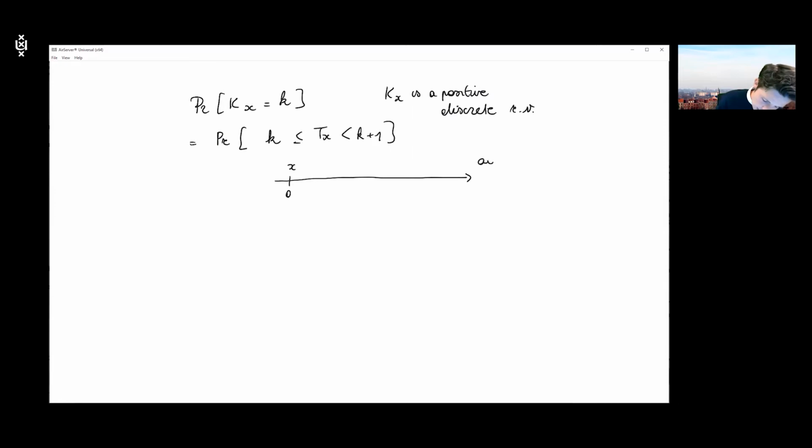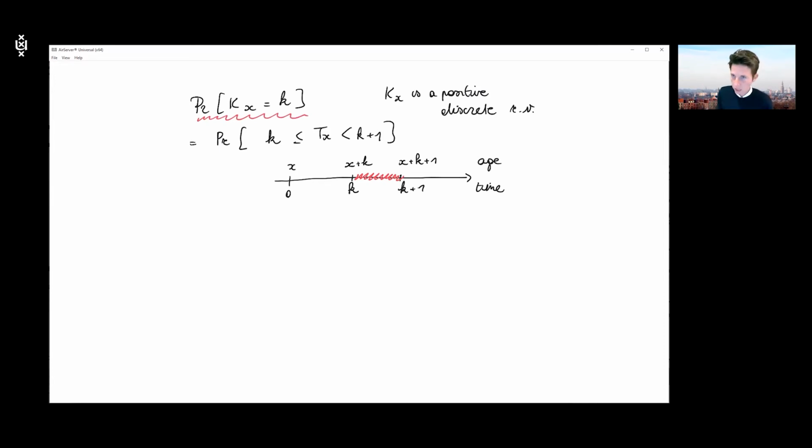So this is age and this is time. And I want to know the probability that this individual will die between age x plus k and age x plus k plus 1. So I want to know the probability that I'm in here. That's what this probability is capturing. So I need to know how to express this.